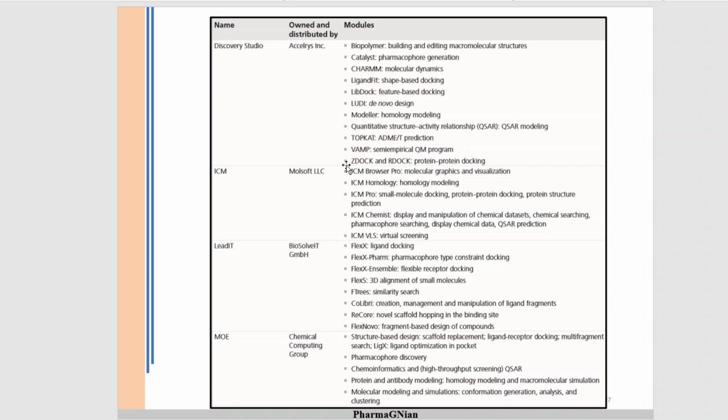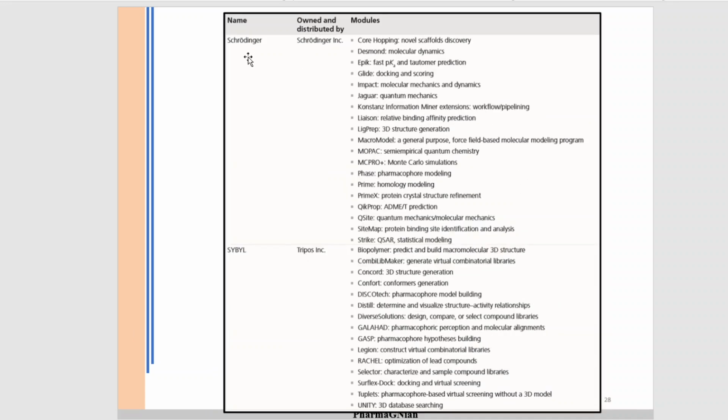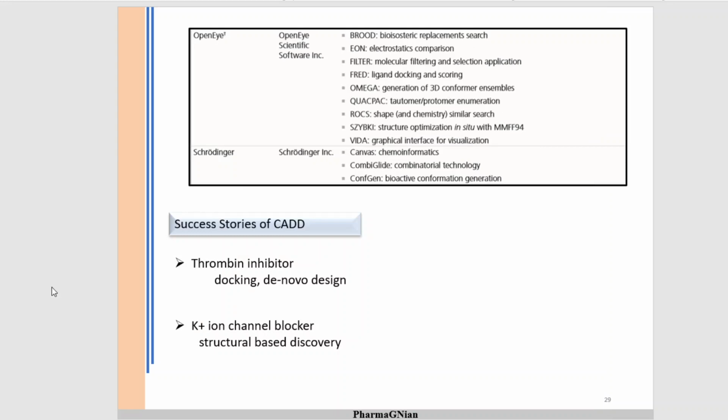Like this, you can pause the video and write down the various softwares used. These are the softwares from Schrodinger, the most famous company in drug discovery and drug design. See how many softwares there are from Schrodinger.